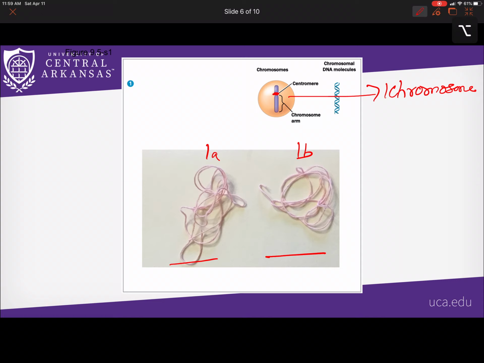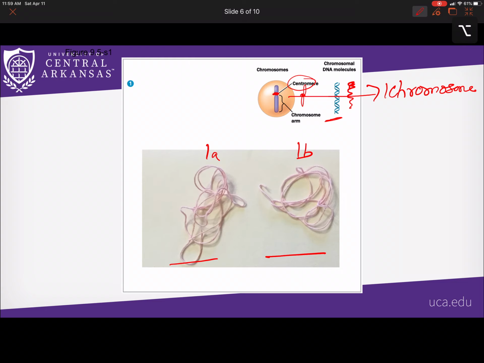You don't see this, but this is a depiction of what happens when you condense a normal chromosome. So a chromosome will have a centromere where the DNA is highly packed, and it will have the arms. If I have to use this one, there should be another DNA molecule. So this is one copy, and these are two of those.